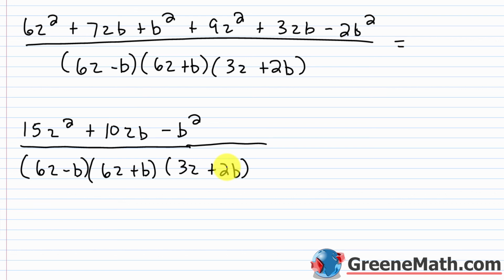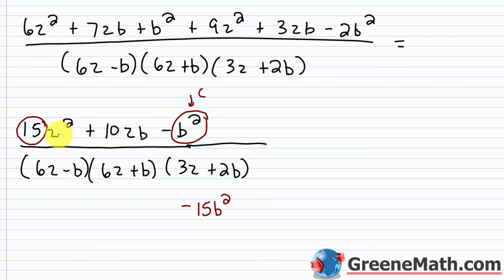I need to find two terms now because we have two variables involved. So I'm going to treat this last one like it was a constant. Remember, this is usually my c term. So I'm going to say a, the coefficient here, times this guy right here. So 15 times negative b squared is negative 15b squared. So I need two terms that would multiply together to give me that, and that would sum to give me 10b.